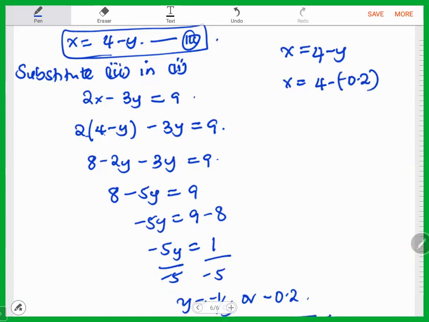So this becomes plus, and therefore x is equal to 4.2. And if we don't use 4.2, then we can actually express it in the form of a fraction. Our x is equal to 1 out of 5. Thank you. Okay.